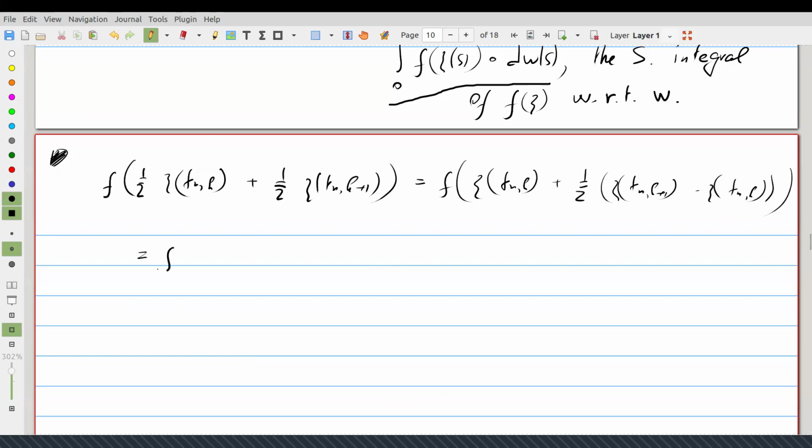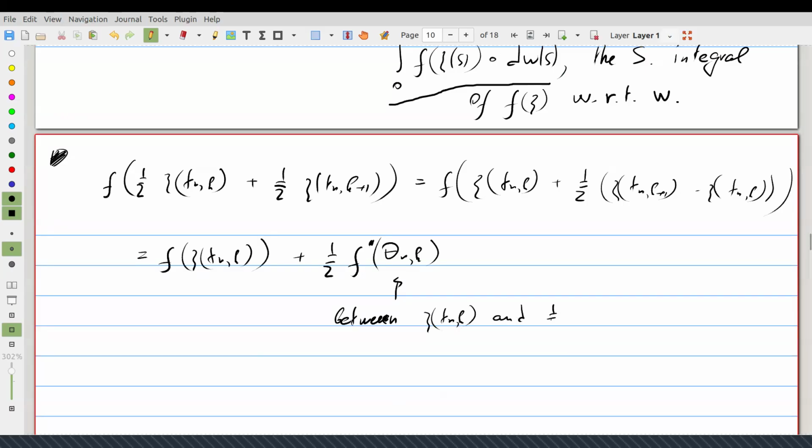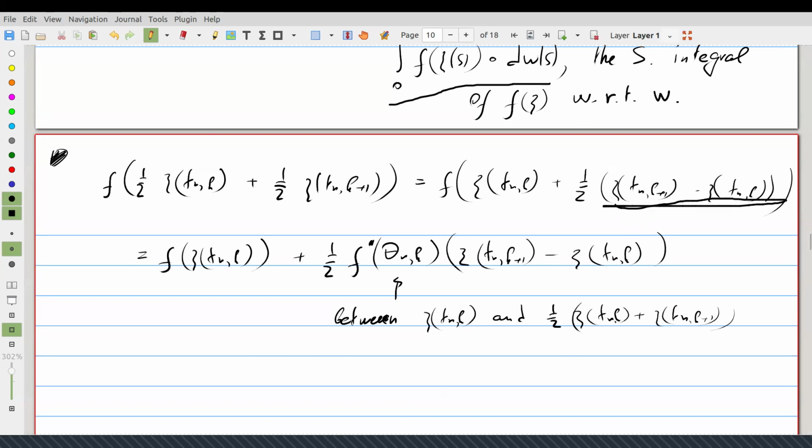Then this equals f psi t n k plus 1/2 f squared at some point theta n k between psi t n k and 1/2 psi t n k plus psi t n k plus 1. And here we have our shift.